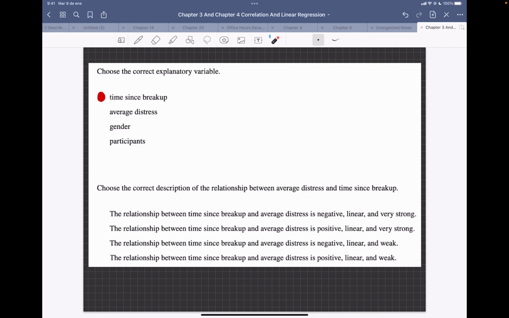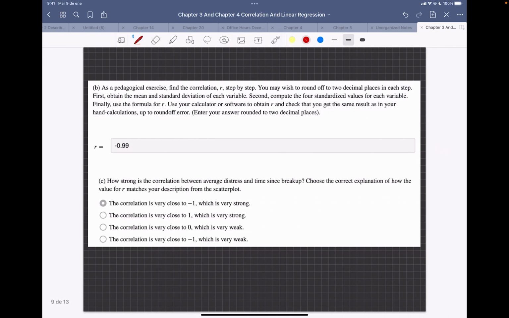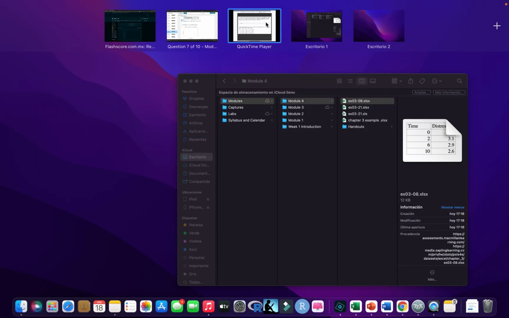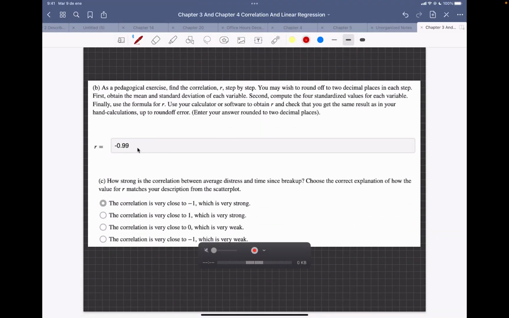I think it's the first one. Oh, and we have to compute the correlation coefficient, right? It's negative 0.99. So you already have the answer here, but you have to compute it in Minitab.